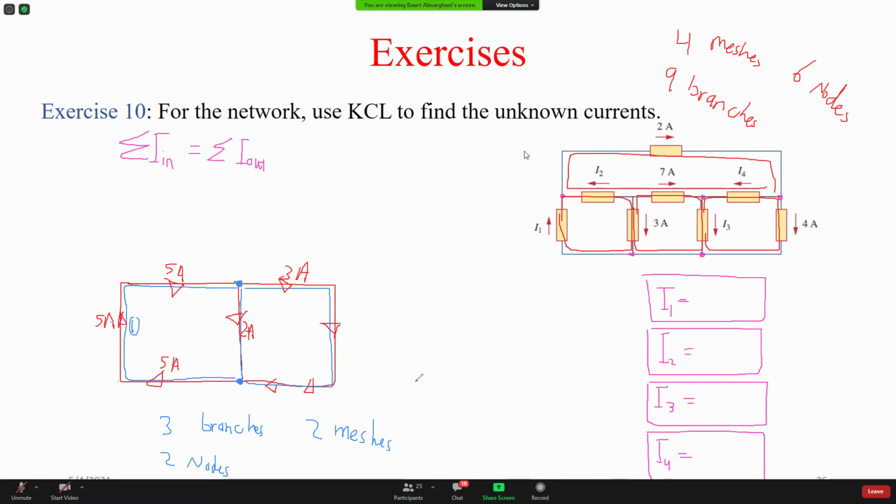Is the idea of the branches and the nodes okay? And meshes, the names at least? This is very important. Now here's what I'm gonna do. I'm gonna add another thing here. I'm gonna delete those.